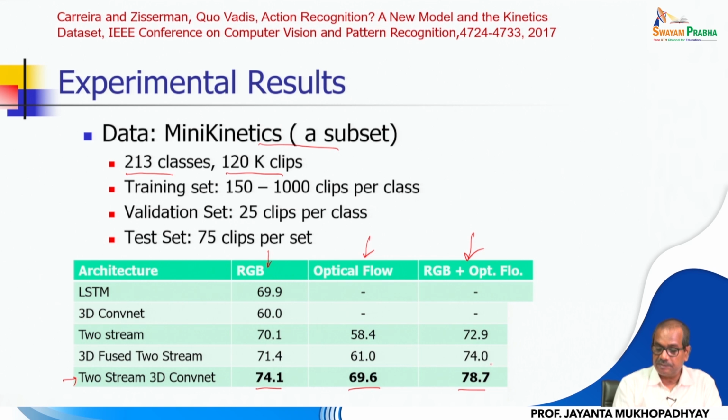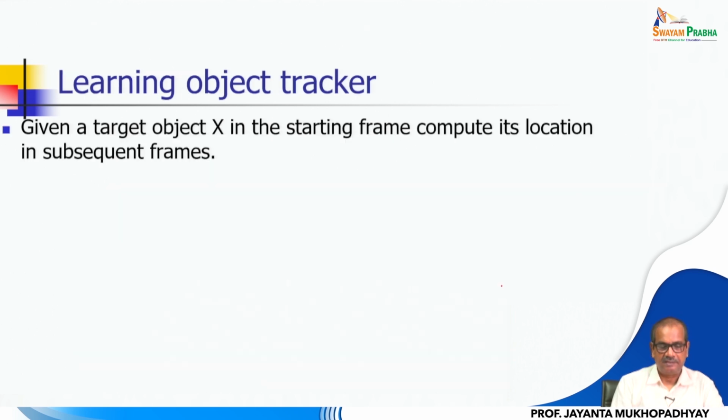Particularly, the best performance you get is with the fusion of video and optical flow data. These are typical results and observations that they shared, and you can consider them for your own experimentation or your own design for solving certain problems.